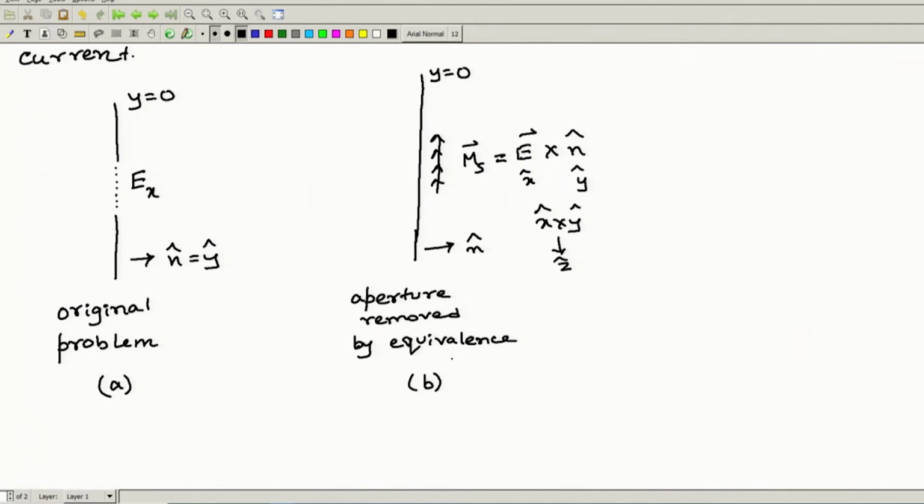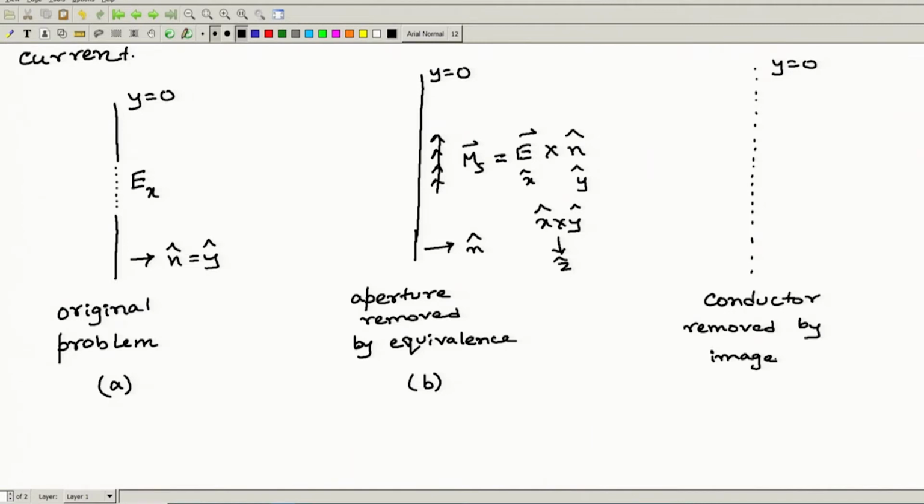For that, this will be like this. So here we can write, now while we use image theory, this we can write as conductor removed by image theory.